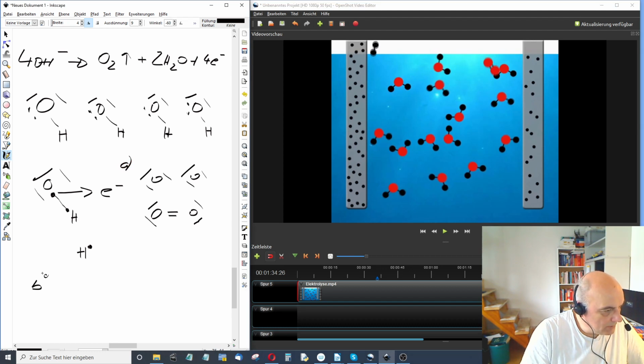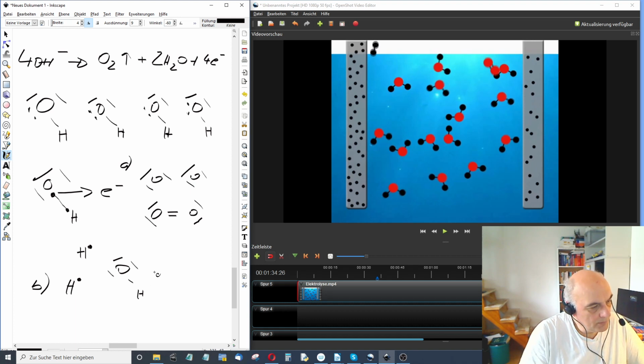And the second one now is that we have this H atom, we have our OH minus, which has 2 electrons here, they combine and then they lose 1 electron. So which one do they lose?